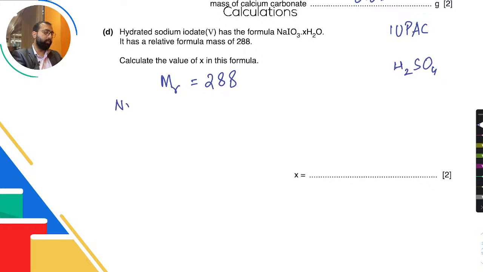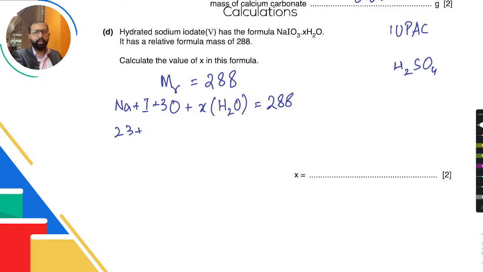Let me just add everything up. So I have 1 sodium, 1 iodine, 3 oxygen, x water. Okay, so I'll just plug in the numbers here. Sodium is 23, iodine, I'll have to check, I think it's 127. Let me see. Yeah, it is 127. 3 times 16 for oxygen plus 18 times x equals 288.